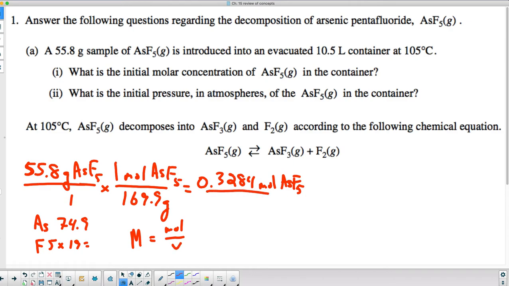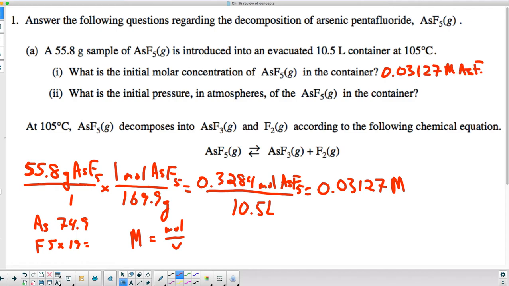So I divide this number by my 10.5 liters, and what I get for my concentration is, of course, 0.03127, and that's my molarity. So here I've answered the first part: 0.03127 molarity of AsF5. Excellent.